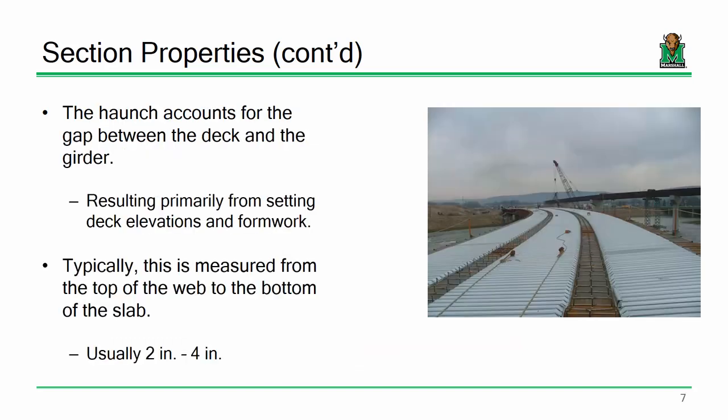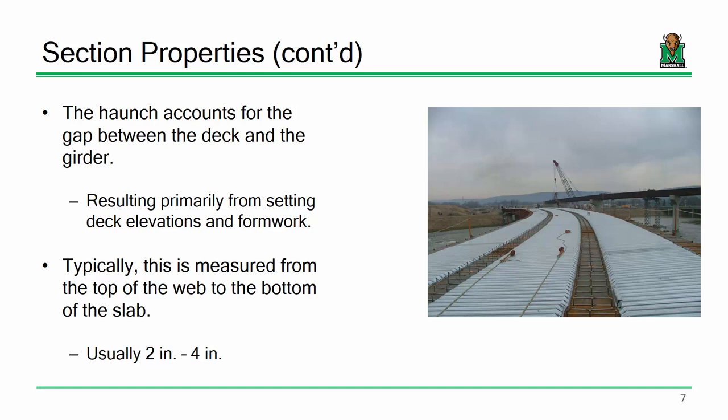What's going on is if you look at typical forming methods for how we form decks, a lot of these SIP forms tend to have these flutes to sort of receive the wet concrete. And because of that, if we sort of strike a line, we'll find that the beginning of that flat portion of the bottom of the slab is actually a little bit higher up from the beam. There's actually a little bit of a gap.